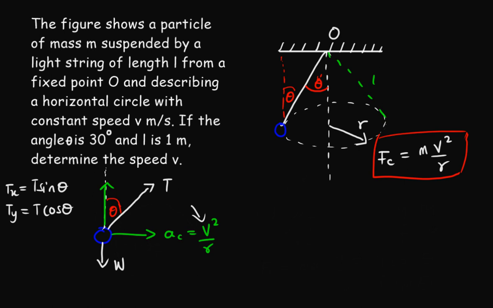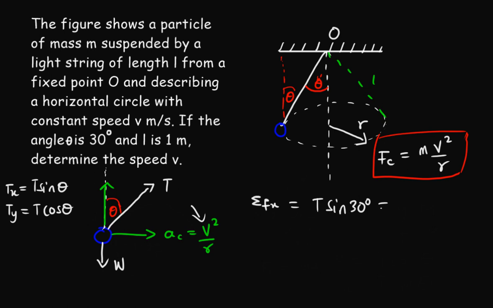So when I consider the sum of the forces in the x direction, I'm going to have the x component of the tension force. The x component of what? The tension force. And that would be what? T sine theta, which is what? 30 degrees.